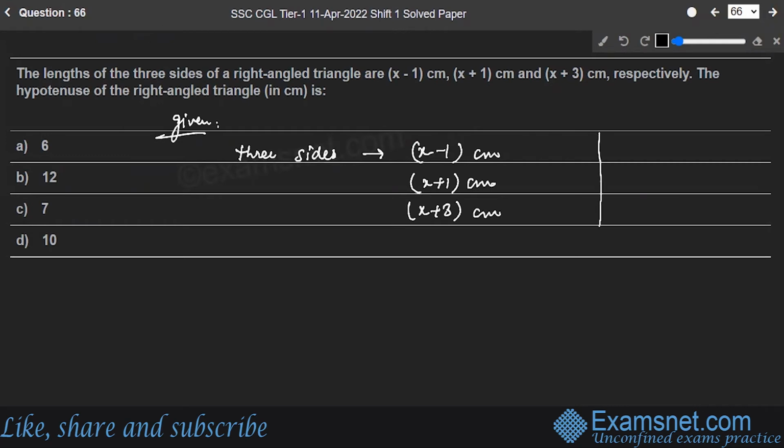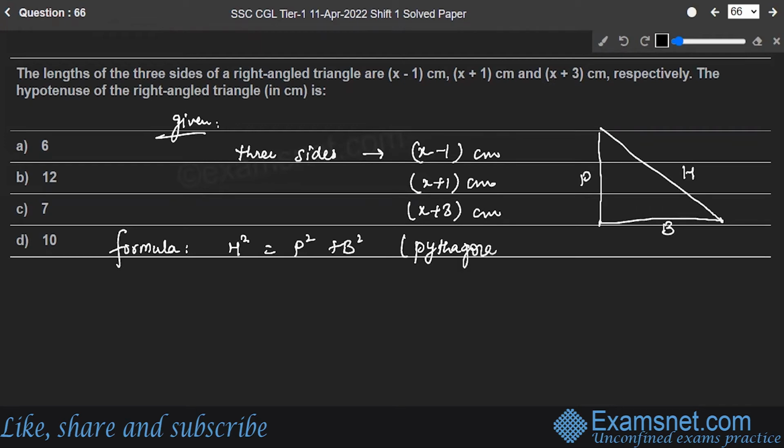And what formula? See, if this is a right angle triangle, then you know this is the hypotenuse, this is the base, and this is the perpendicular. So the formula is hypotenuse square is equal to perpendicular square plus base square. This is by Pythagoras theorem.